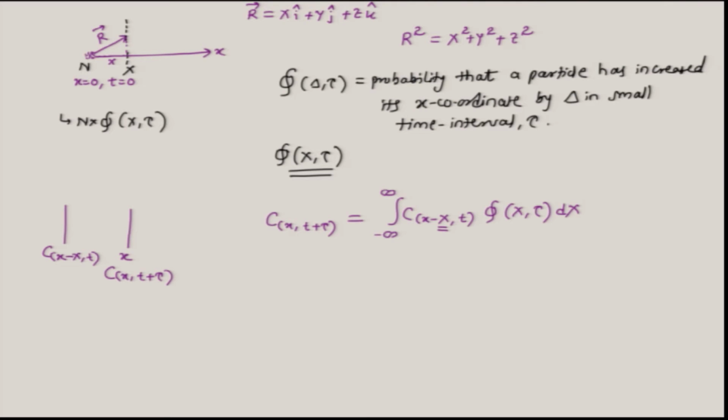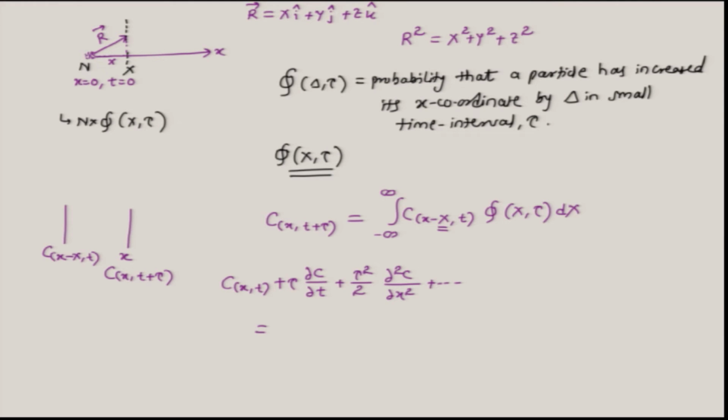Now, we can expand this C at x, t plus tau as C at x and t plus tau times dou c by dou t plus tau square by 2 times dou 2c by dou x2 and so on.